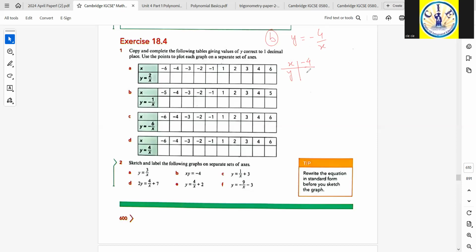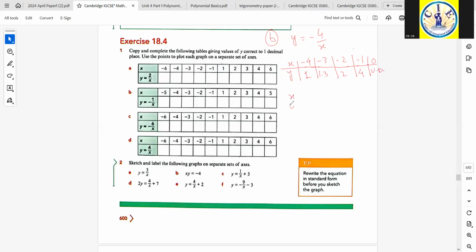So the value of y will become 1, then -3. -4 divided by -3, that is 1.3. Then for -2, this will become -4 divided by -2, that is +2. For -1, it would become +4. For 0, obviously, it would become undefined.